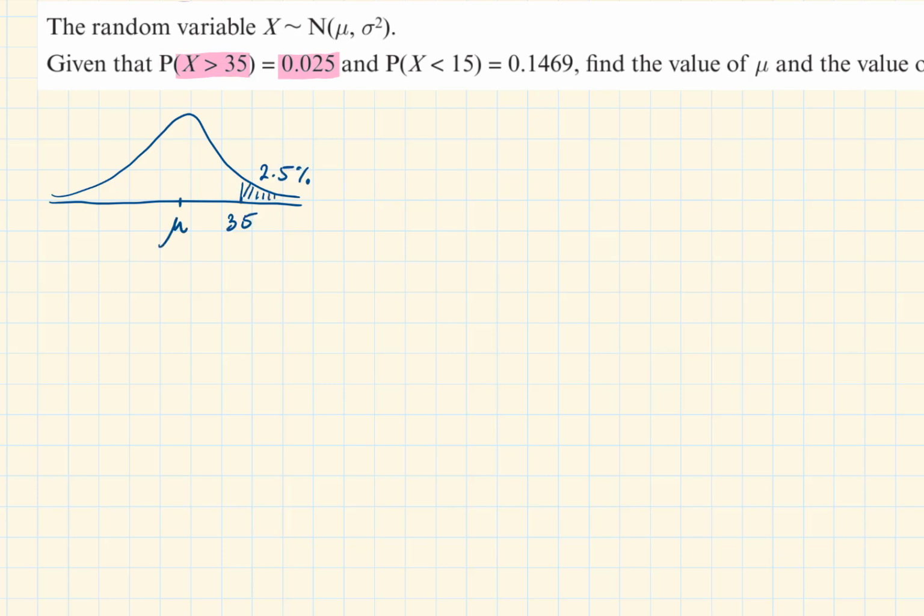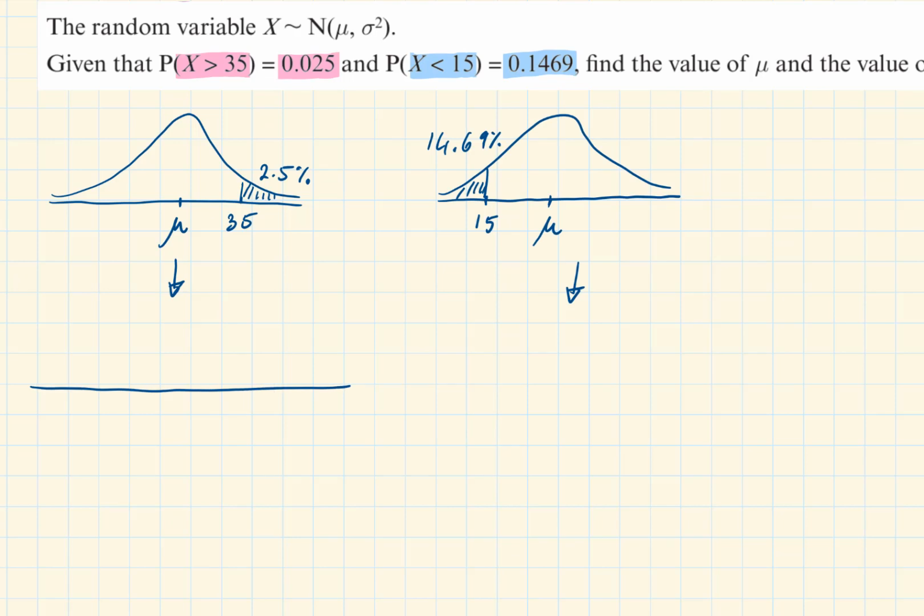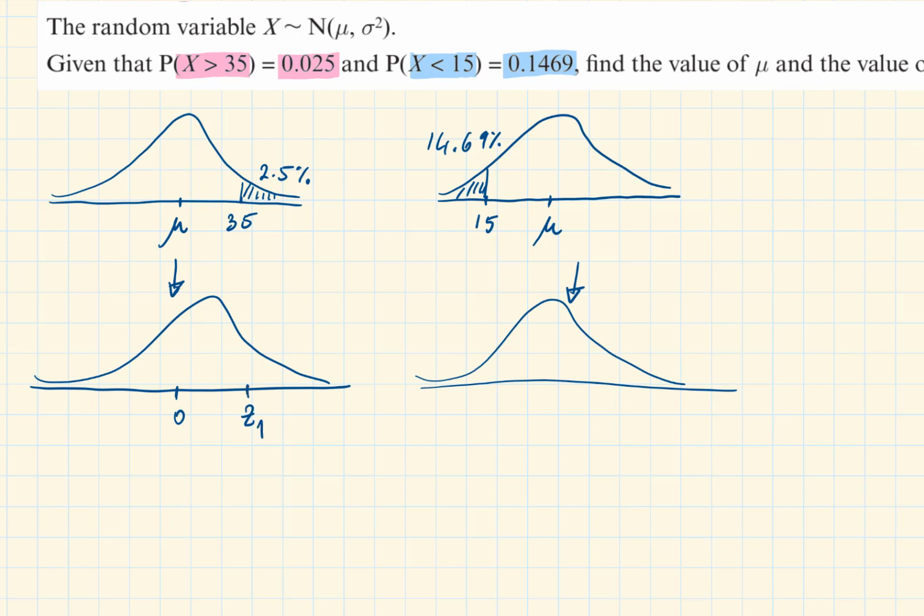The other situation, the probability that x is less than 15 is 14.69%. Let's code our data to use the standardized normal distribution with mean 0, some unknown value z. The area under the graph is the same for both of them.